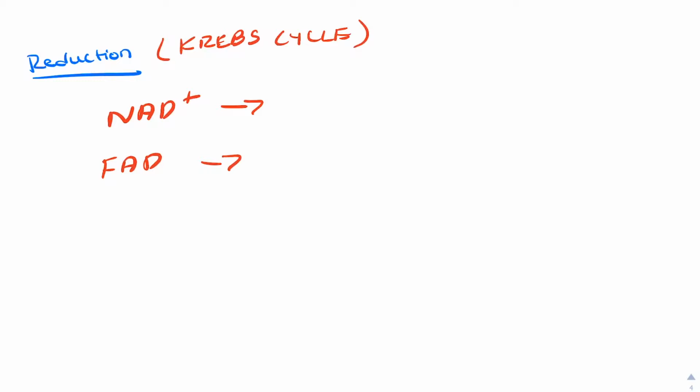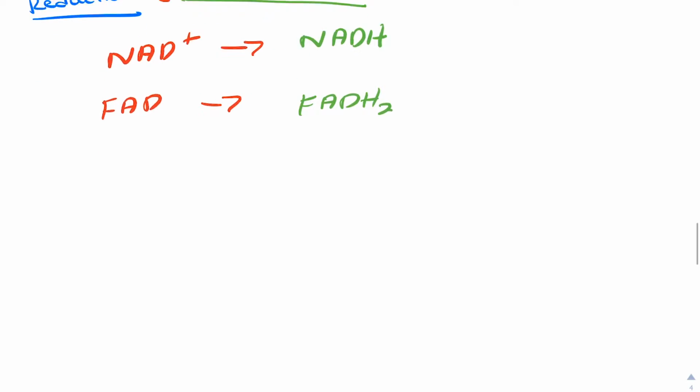It's going to be reduced to NADH and FADH2. So that's for reduction. The Krebs cycle does this right here. So the Krebs cycle reduces these molecules so that the electron transport chain can oxidize these molecules.